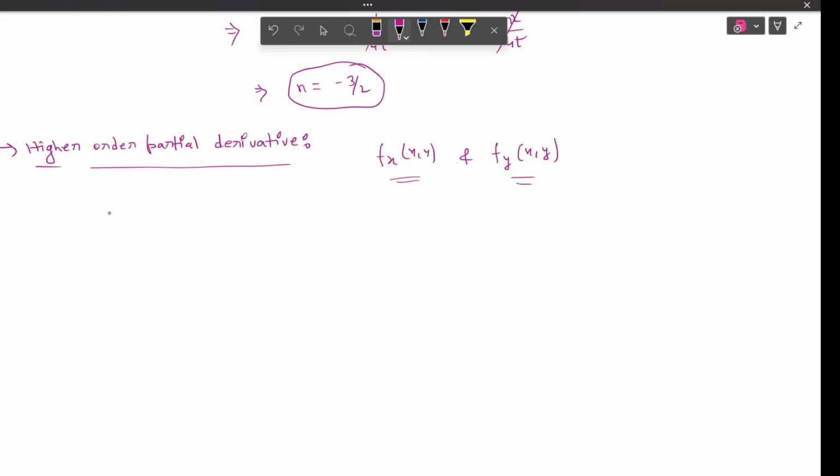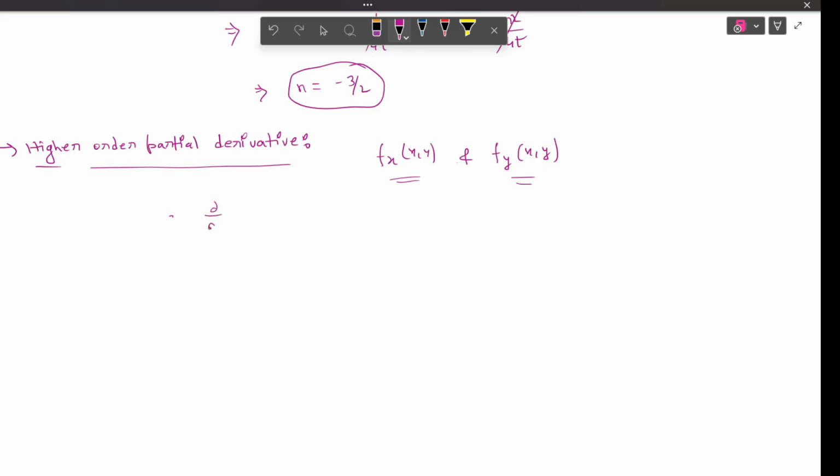So here we have four kinds of second order partial derivatives of f of x, y. The first one is, because this is the partial derivative of the function f of x, y with respect to x keeping y constant, again you are differentiating with respect to x partially.